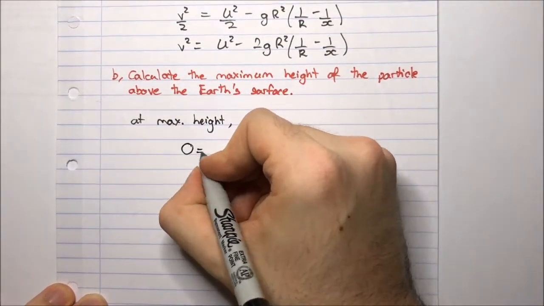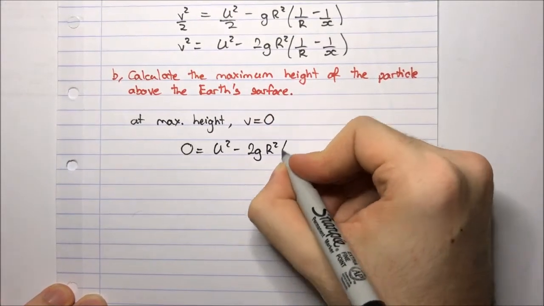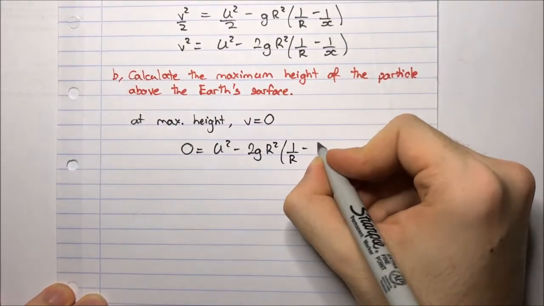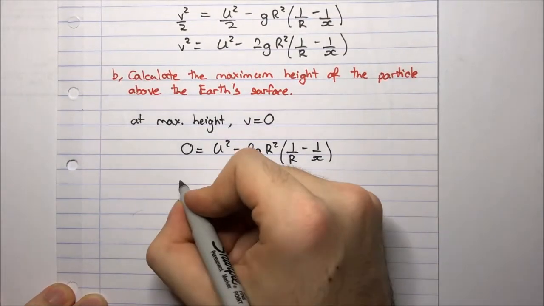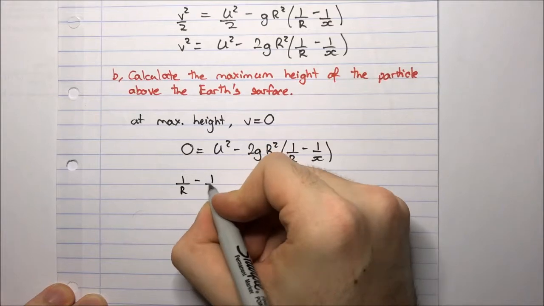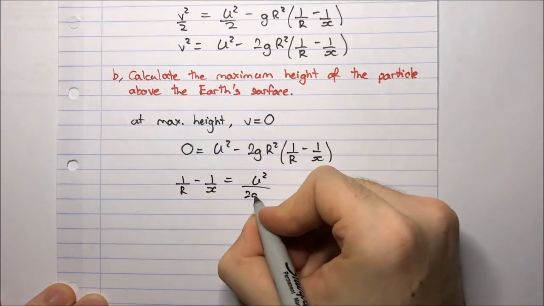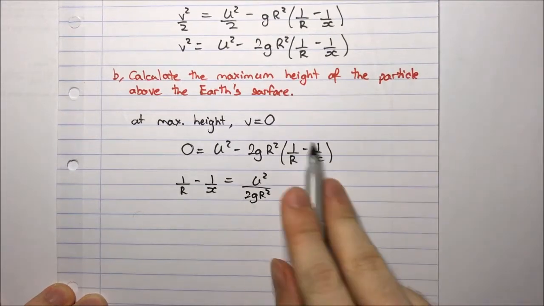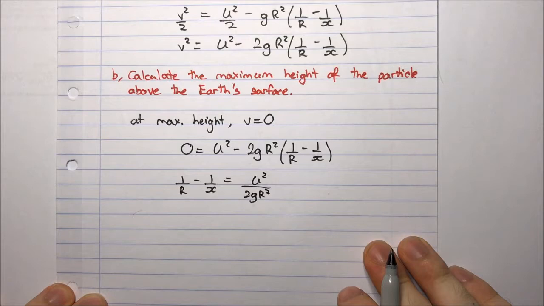So 0 equals u squared minus 2gR squared, 1 on R minus 1 on x. Rearranging a little, I will get 1 on R minus 1 on x equals u squared over 2gR squared. So I've just moved this over here and divided by 2gR squared, all in one step.